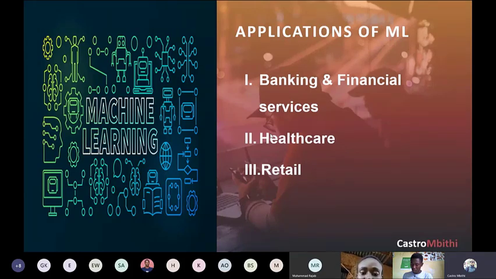And then the second part is healthcare. Machine learning can be used in healthcare to diagnose deadly diseases based on the symptoms of the patients and tallying them with the past data of similar kind of patients. For example, right now we have the coronavirus.